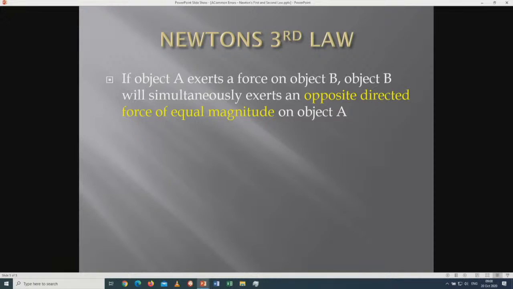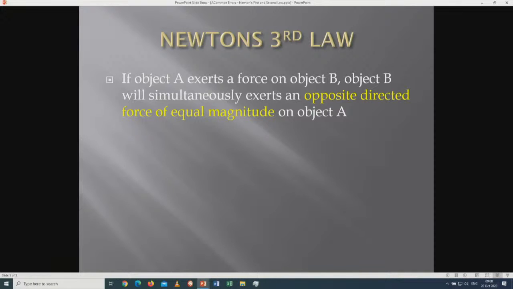The object, the weight, exerts a force on the table, the surface of the table, and then the surface of the table exerts an opposite force of equal magnitude upwards, and normally we call that force a normal force. So at least be able to identify the action and reaction force.